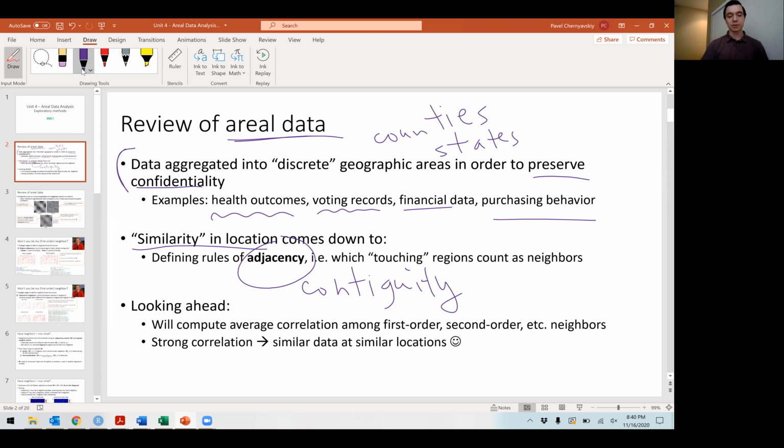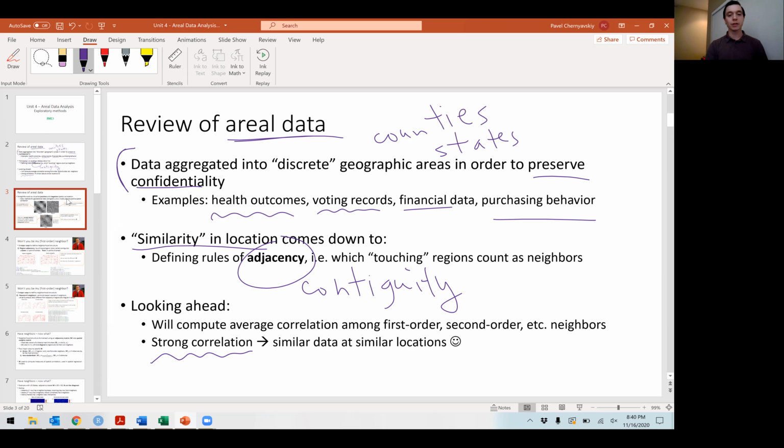So a lot of adjacency in our future, a lot of things like first order, second order neighbors, and of course, strong spatial correlation. You would be looking at similar data with neighboring counties, similar data with neighboring states, similar data with neighboring census tracts, congressional districts, etc.